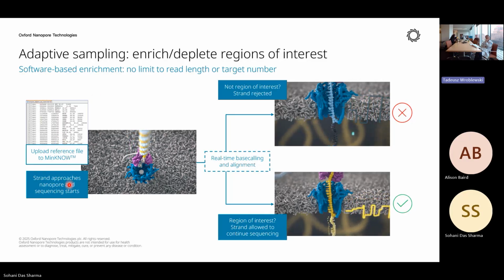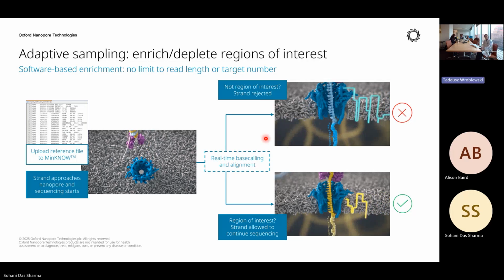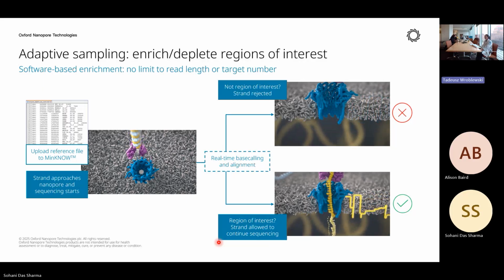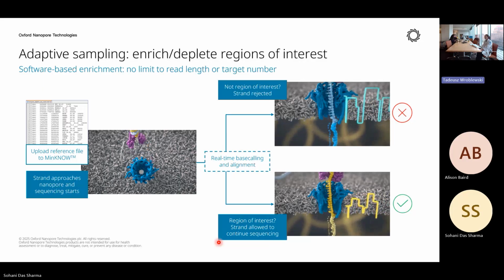The bed file has all the information of the region of interest which we want to enrich. So the software can reject all the strands which are not part of the bed file, and it can sequence only the specific region of interest. In that way, you are getting enriched information of your target.